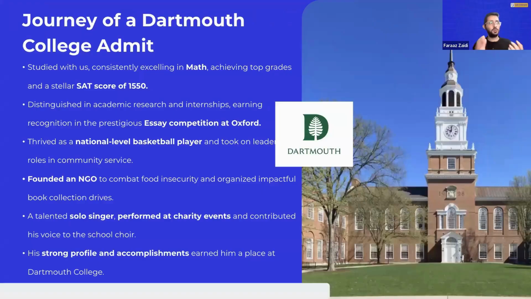Now, just moving on to an example of a complete application. This is a student that prepared with us and did very well in his SAT score as well, getting a 1550 and eventually being admitted into Dartmouth. Very good in basketball, represented it at national level, founded an NGO, talented solo singer, and performed at charity events.